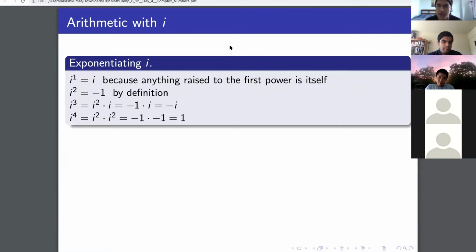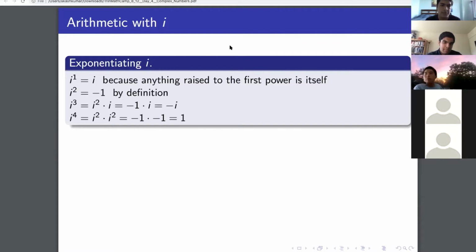We're going to try raising i to some powers. First we have i to the first power, which equals i, because anything to the first power is just itself. Then i squared equals -1 by definition. That's just how we defined i. For the third and fourth powers, we have to be a little more clever.